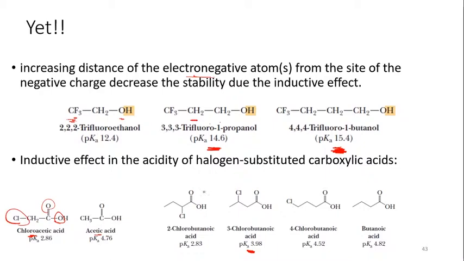This means I am decreasing the acidity in that direction. This decrease in acidity is due to moving the chlorine further away from the two oxygens. So increasing the distance will decrease my acidity due to the decrease in the inductive effect.